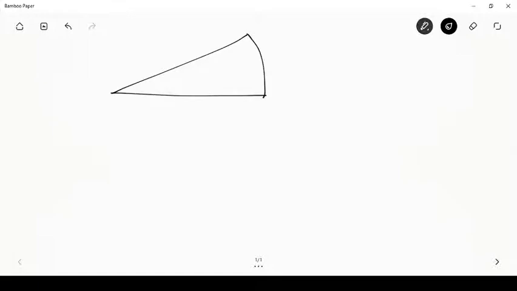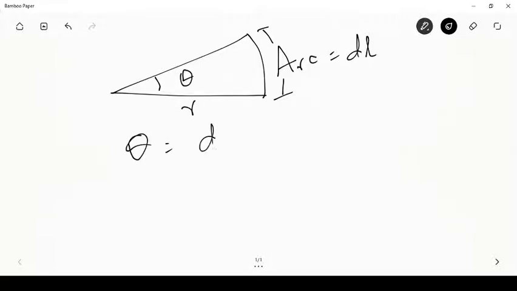Now, in two-dimensional angles, when you define the angle as a radian, one radian is normally defined as follows. If this is the length of the arc dl from here to here, and this is the radius r, then the angle theta in radians is defined as dl by r is d theta.